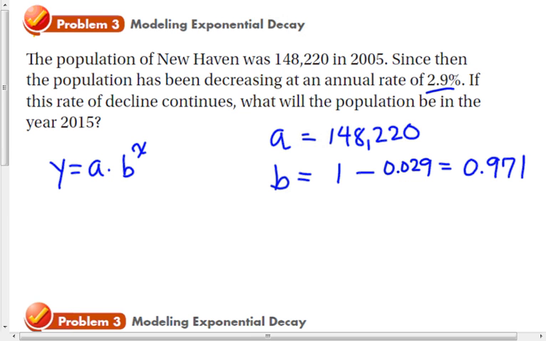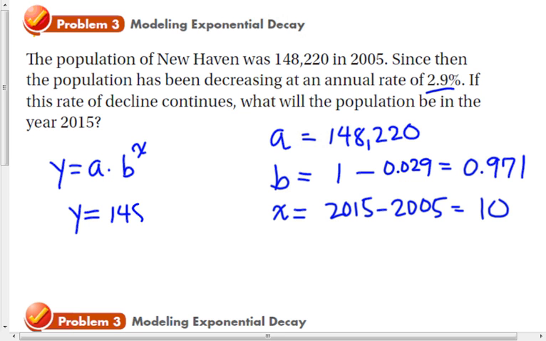So 1 minus 0.029 equals 0.971. And then my x is the number of years that I'll be doing that, so I need to do 2015 minus 2005, which is 10 years. Then I'll just plug those in, and that's 148,220 times 0.971 raised to the 10th power.